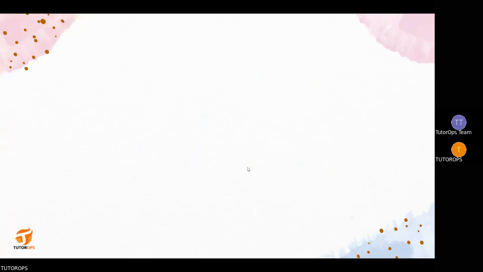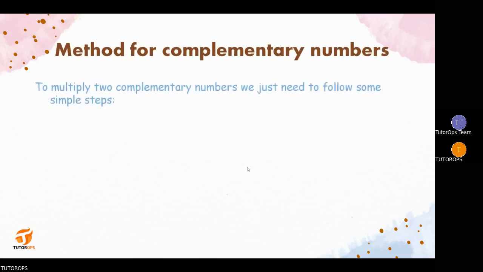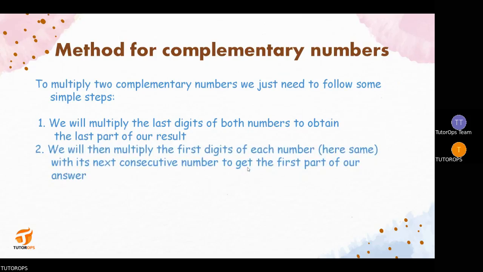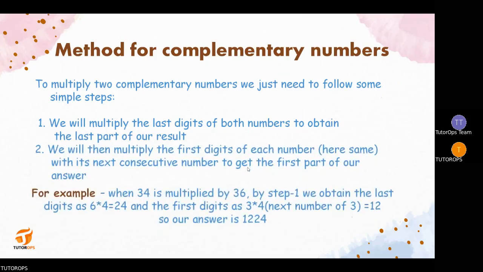Now how to multiply complementary numbers? To multiply two complementary numbers, we just need to follow some simple steps. We multiply the last digits of both numbers to obtain the last part of our result. So for 44 into 46, the last part will be 4 into 6, that is 24.